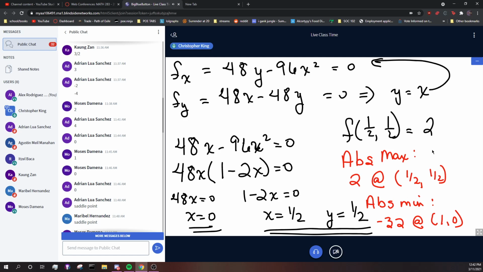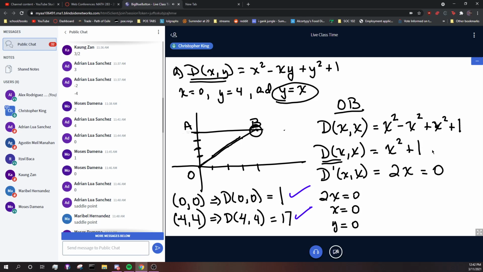Now, I'm sure you may be questioning, why didn't we do this on the last one? Let's look at the last problem real quick and look at the partials. The partial with respect to x is 2x minus y. And the partial with respect to y is negative x plus 2y.